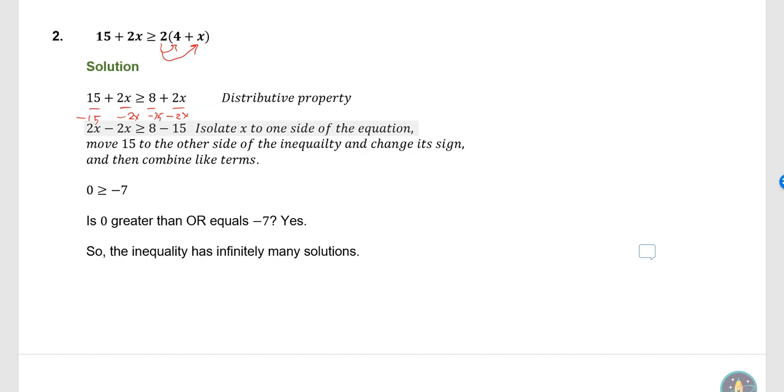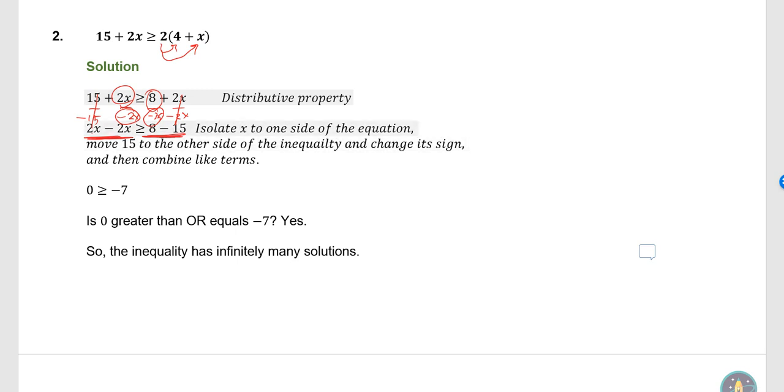So what do we get? So we get 2x minus 2x on the left-hand side, and then 8 minus 15 on the right-hand side.